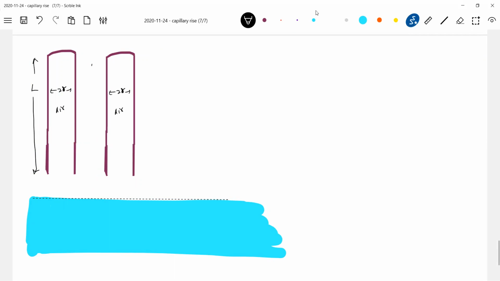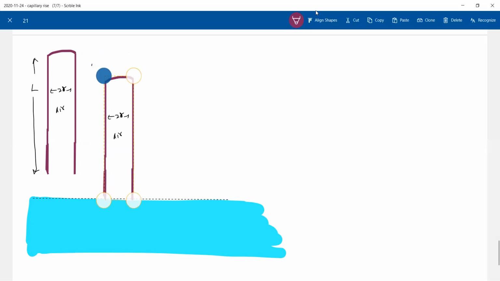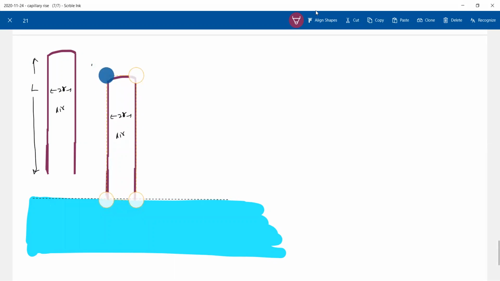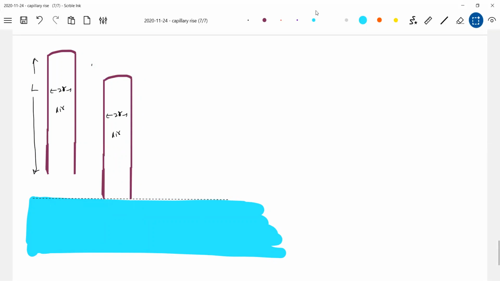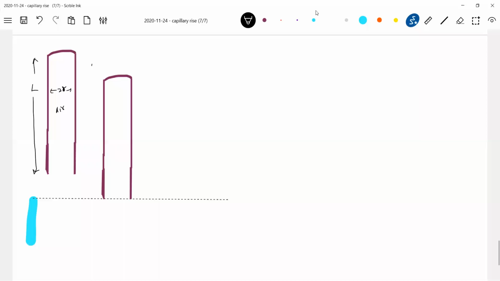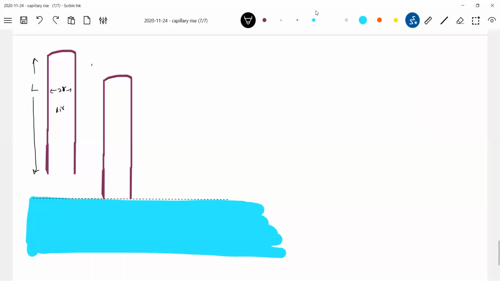What will happen to the water? I'm going to bring it like this here. Tell me, will anything happen to the water? If I bring it here, will the water rise? Because it's a glass capillary, no? This end is closed.